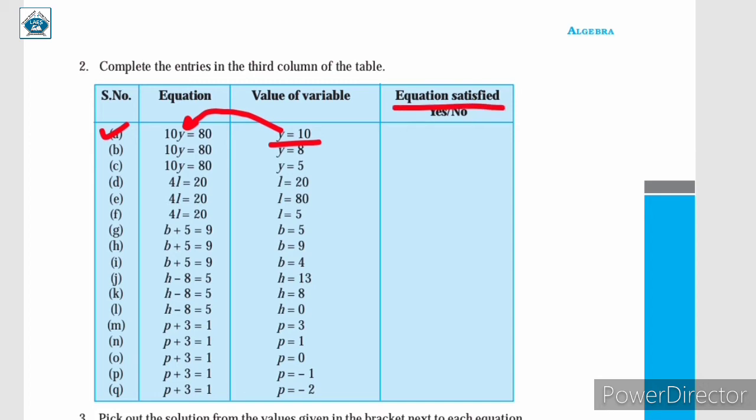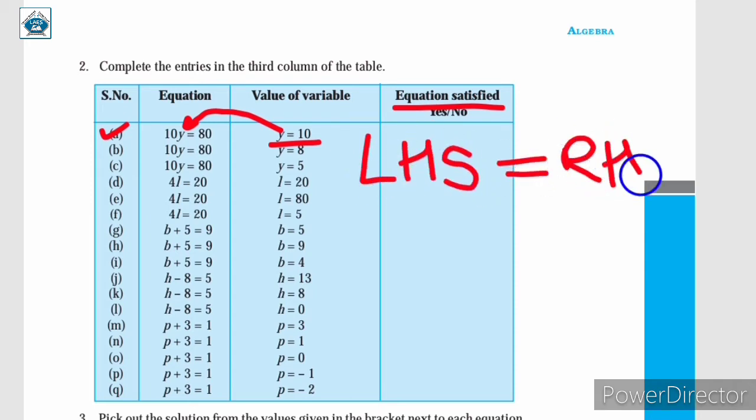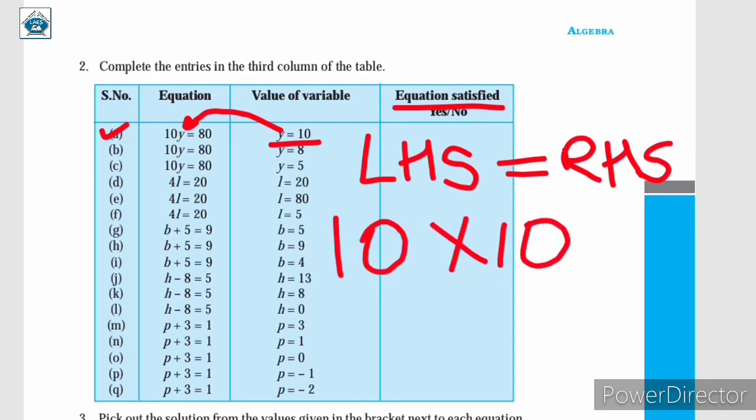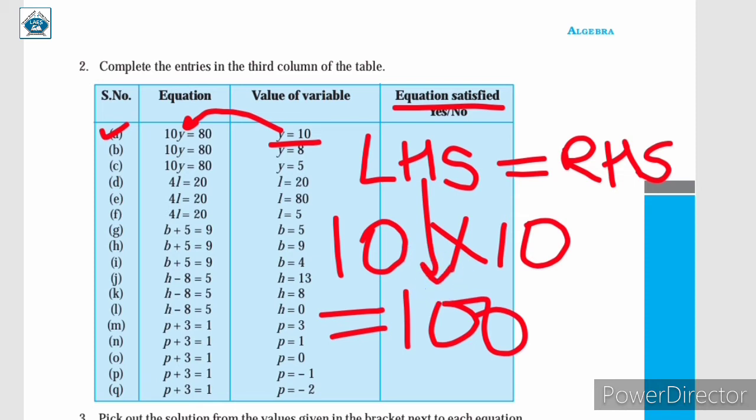What is the meaning of equation satisfied? That simply means LHS is equal to RHS. Then we say that the equation is satisfied. So here when we substitute y is equal to 10 in 10 multiplied by y, we get 10 multiplied by 10 which is equal to 100. So this value is the LHS.